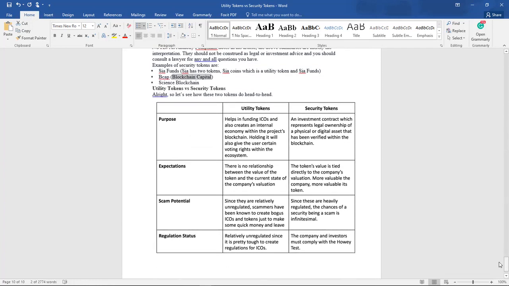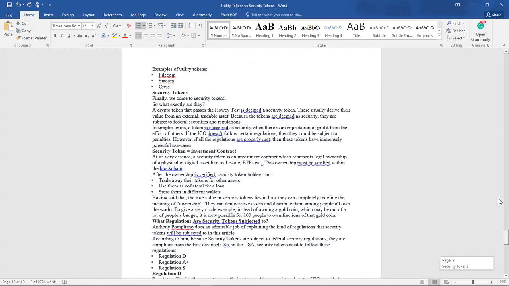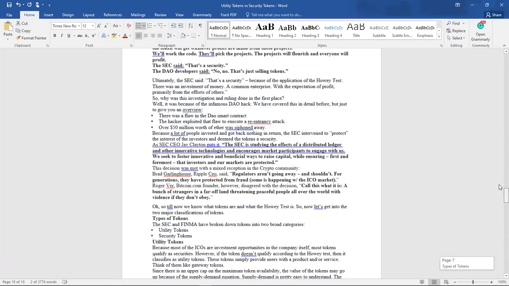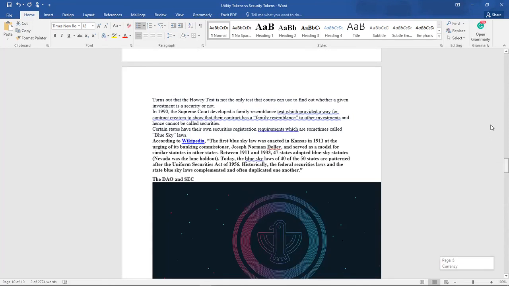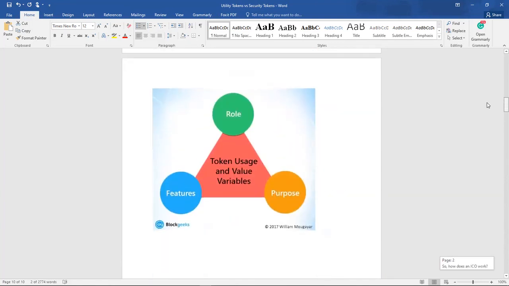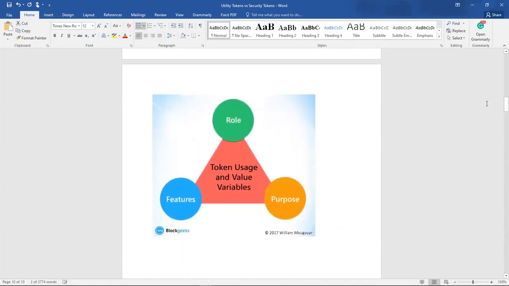We have been able to see the types of coins and tokens that are out there in the blockchain. We have looked at the properties of utility tokens, the three tenets: the role, features, and purpose of a token.